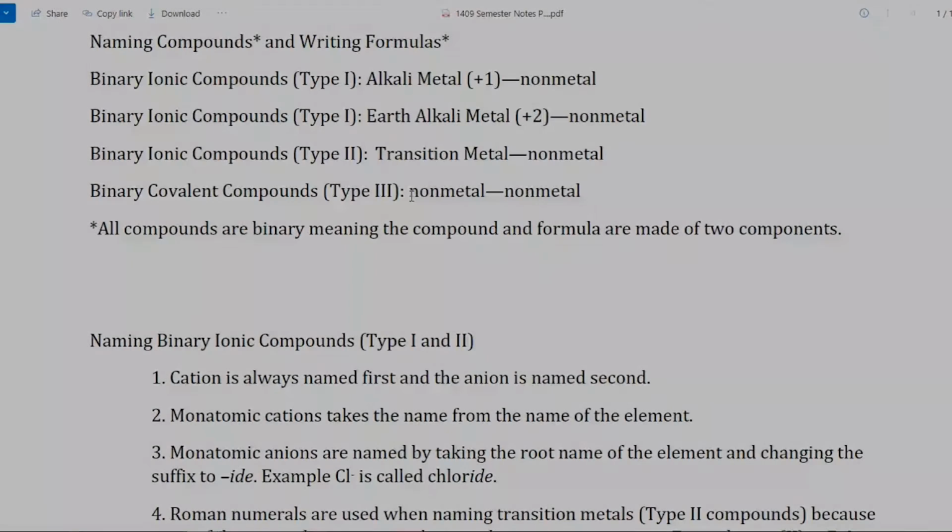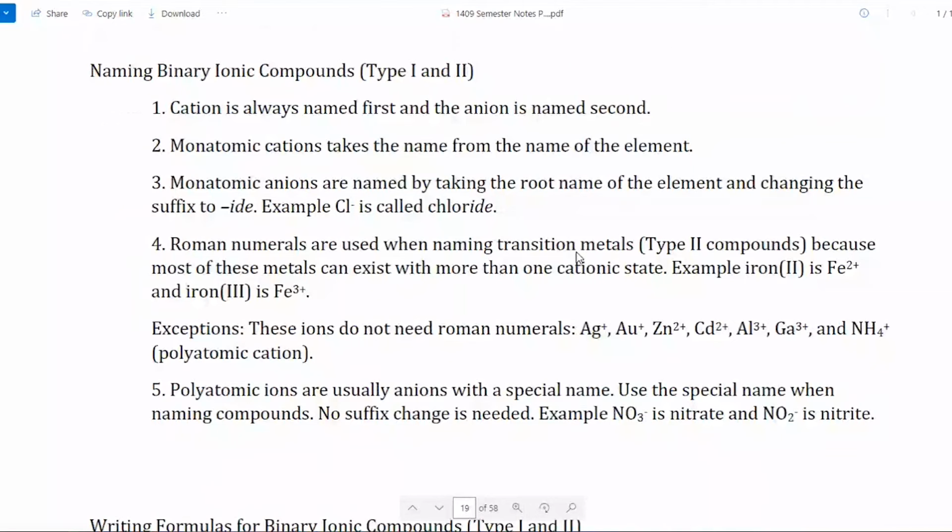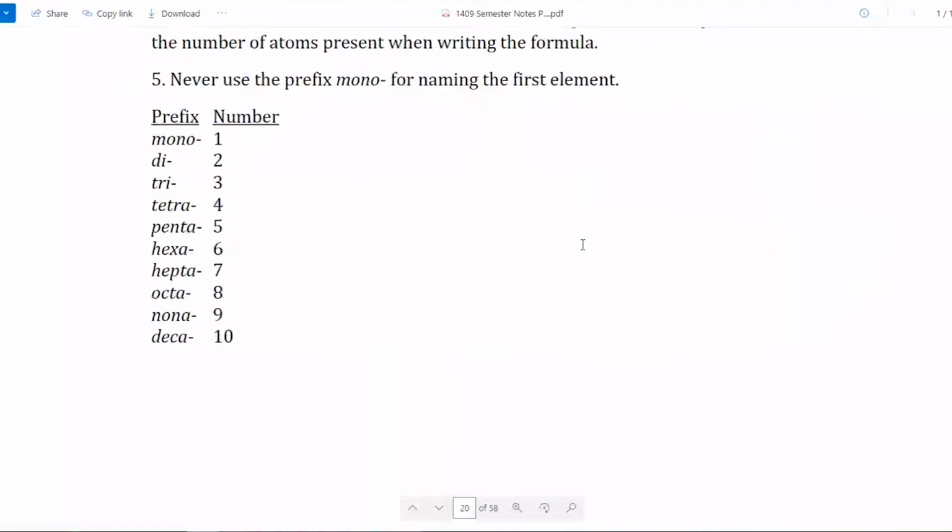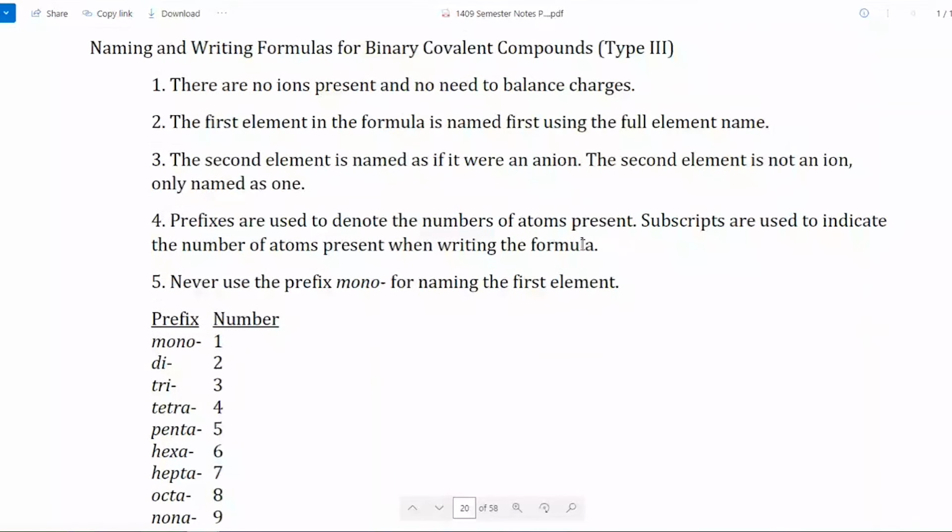So let's start with covalent because those tend to be the easiest. The rules are pretty simple. When you see a nonmetal and a nonmetal in a compound, you use these rules. There's no ions present, so there's no need to balance any charges.